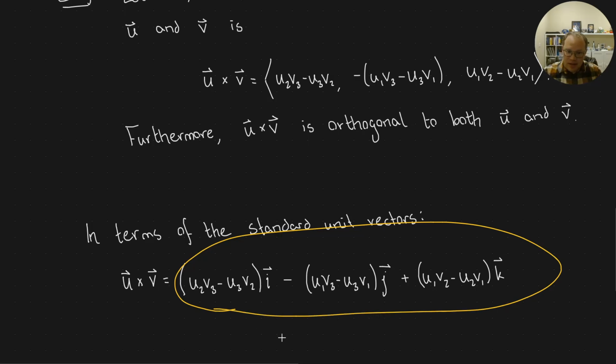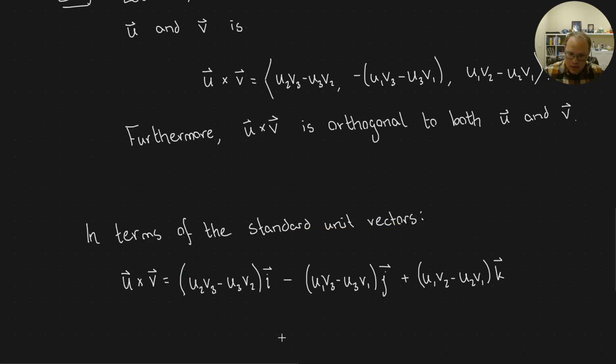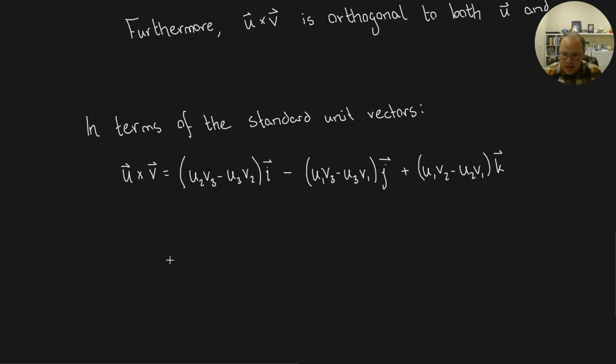This is exactly the kind of structure we have when we take a 3×3 determinant. This is equal to a 3×3 determinant with the first row being i, j, k, the second row being the components of u, the first vector, u1, u2, and u3, and the third row being the components of v, the second vector.